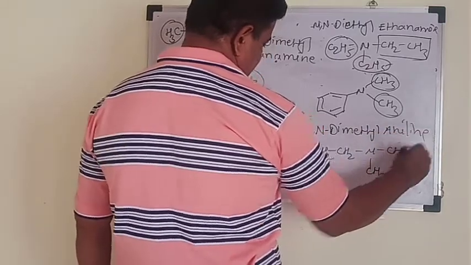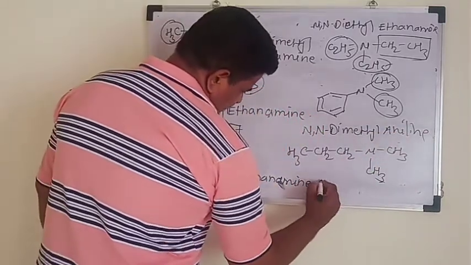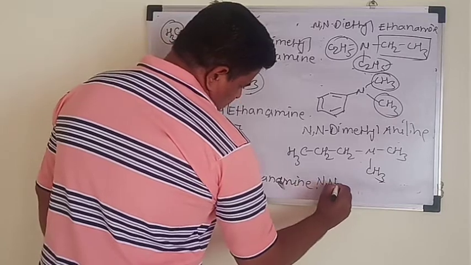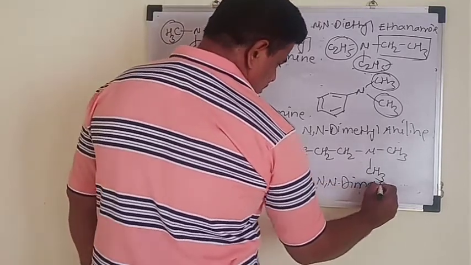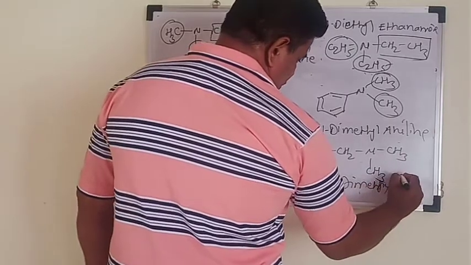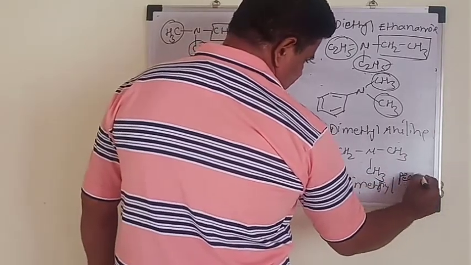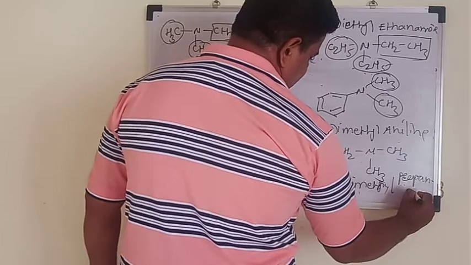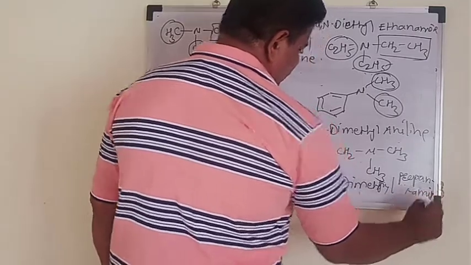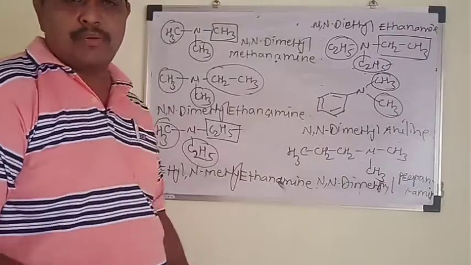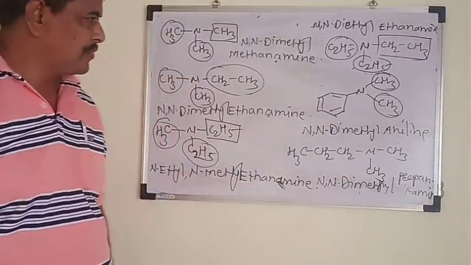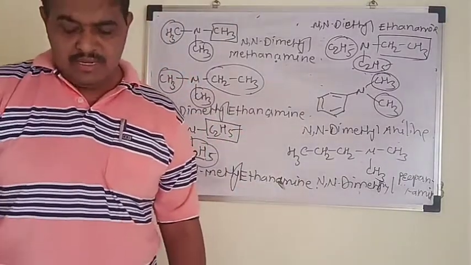Here its name will be N,N-dimethyl propan-1-amine. So this is about nomenclature of tertiary amine. Write this first, then we will consider next point.